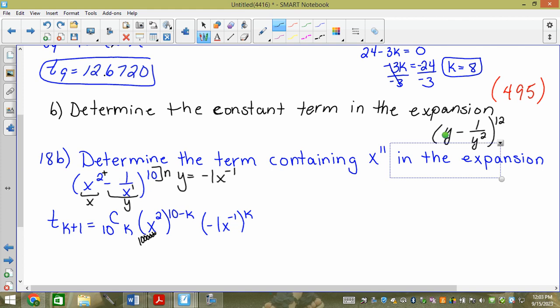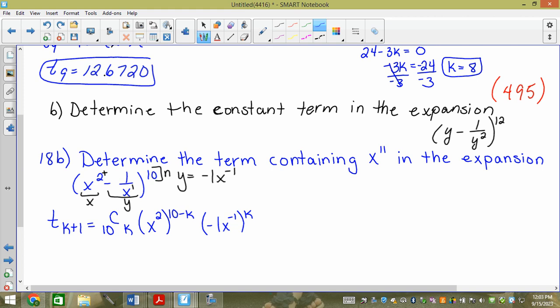I'd still only take the x squared. So I'm literally just taking the x's and their exponents. I am not going to take this negative 1 over there. It's just going to be the x squared to the 10 minus k and the x to the negative 1 to the k. That's the only thing I'm taking off to the side, just the x's.